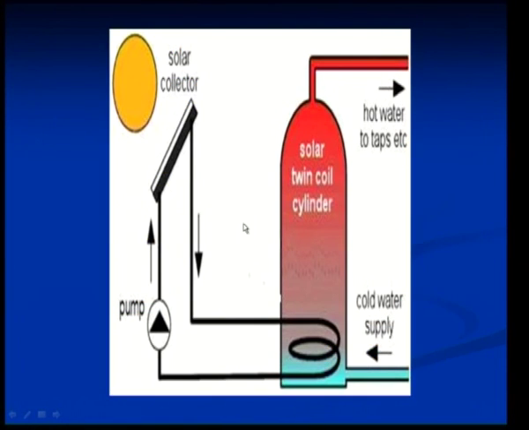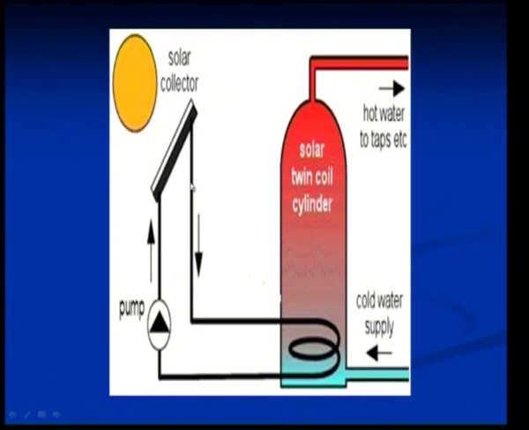Now, this particular picture explains how the operation is taking place. The sun radiations are falling on the solar collector, the flat plate collector, which collects the heat which is getting transferred to it. Now there is a fluid that is moving in this system through these connections.